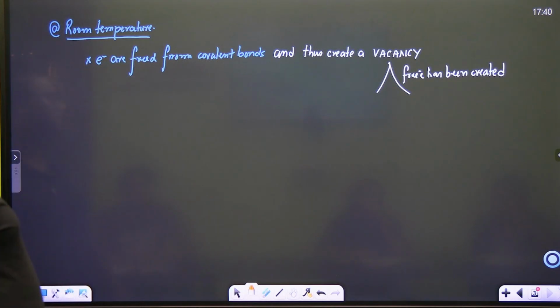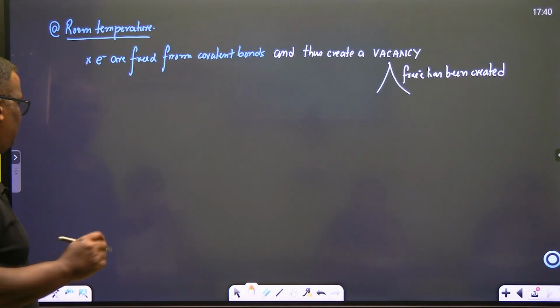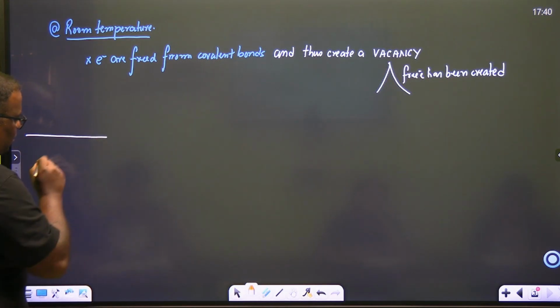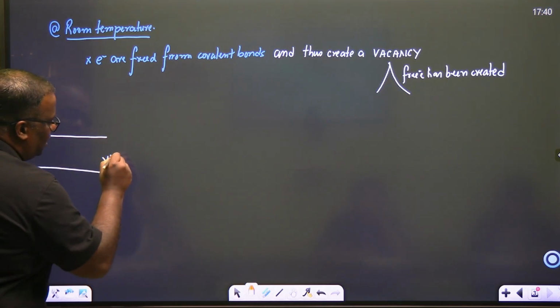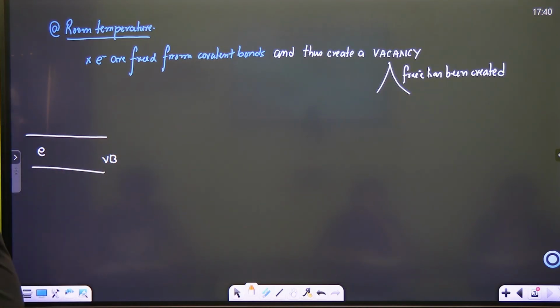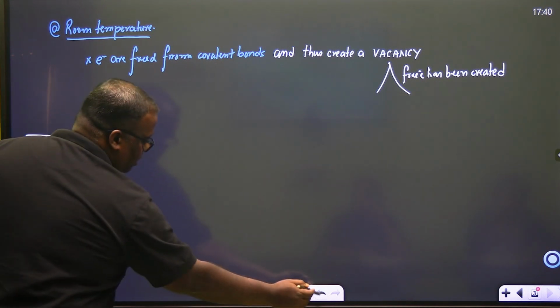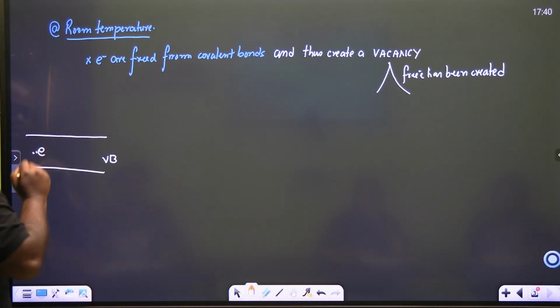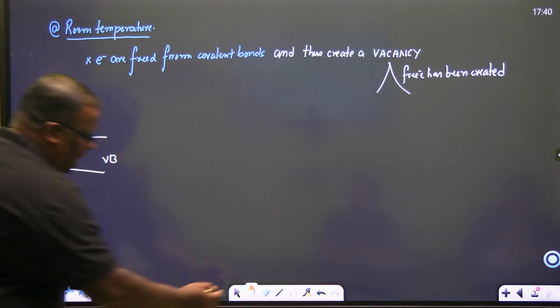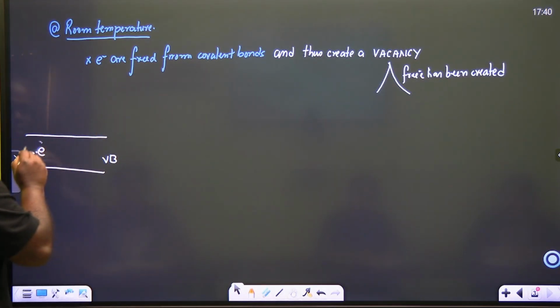That is what we will see now. So you have given, our job is like this. Right now the electron is all in the valence band, right? And the electron is here, somewhat bonded with another electron. Is this much understood? You have given energy, and after giving energy you have freed this electron.